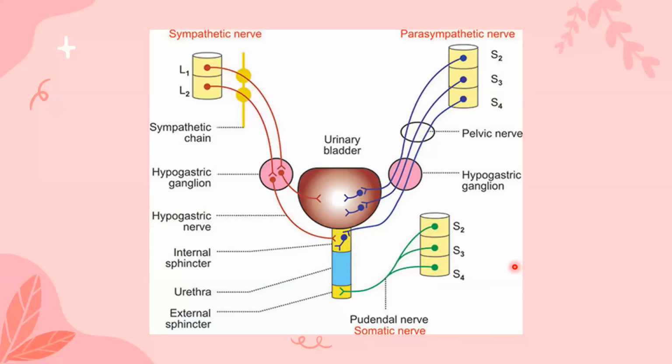However, our external urethral sphincter is voluntary. Thus, we need a somatic nerve to supply it. Because of that, we have our pudendal nerve. It arises from the same origin as the parasympathetic nerve, S2 to S4. However, it is a somatic nerve, and it is also from S2 to S4. Is that clear for everyone? This is a very important topic.